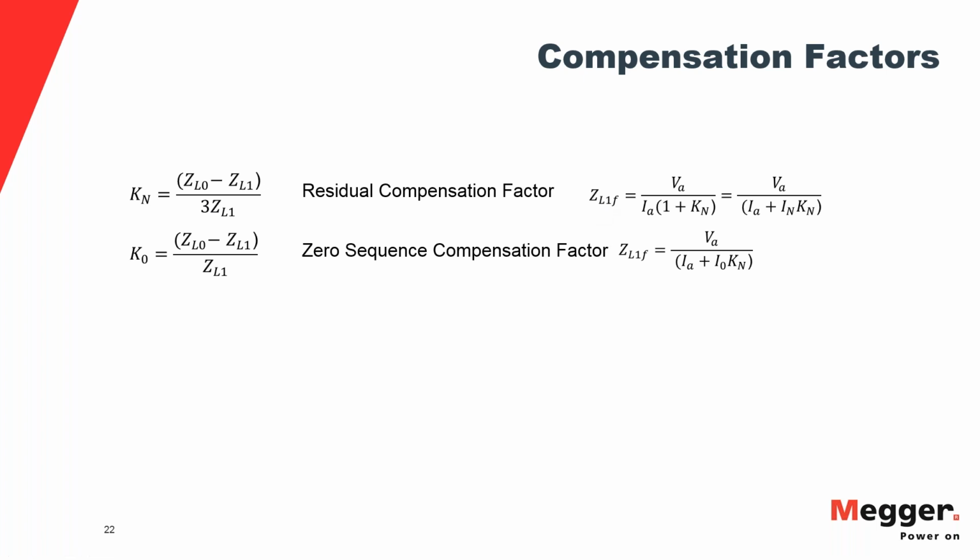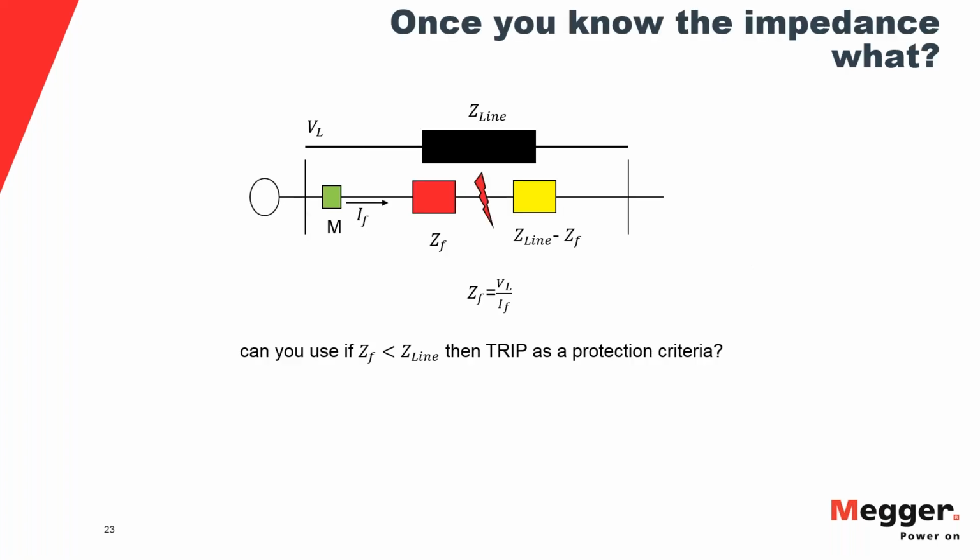I wanted to bring this here just to mention the fact that you need to compensate when you have single phase to ground faults, and to try and show you how these compensation factors are developed in terms of the equations that you have to use, so that you're not afraid of doing it yourself if in any case you need to. There is a ton of information about this on the internet, so you can also use that.